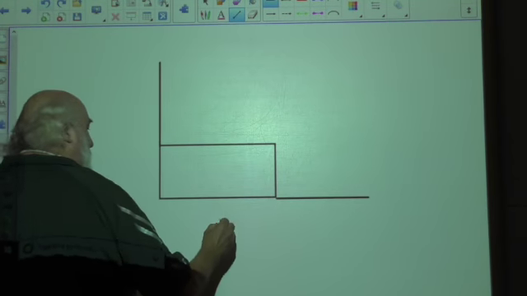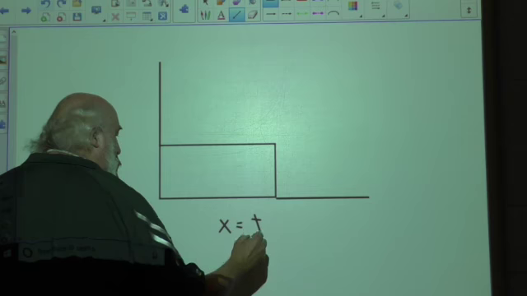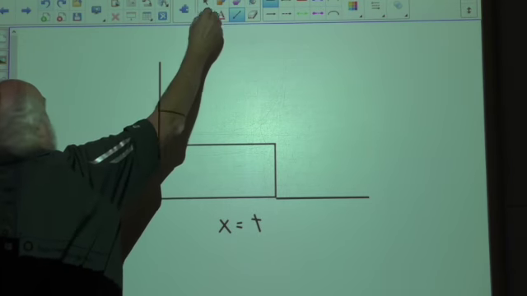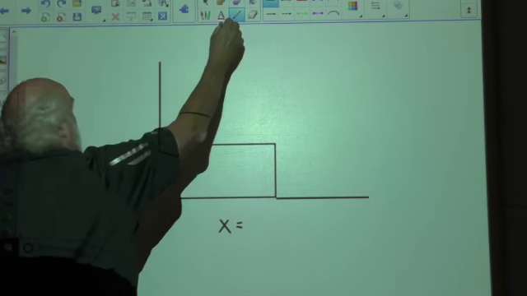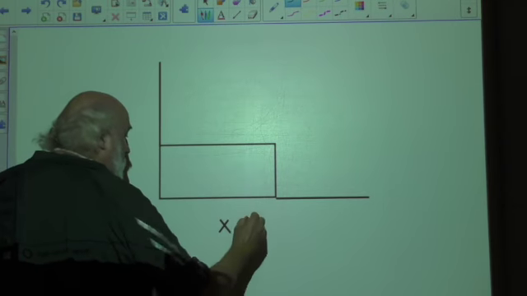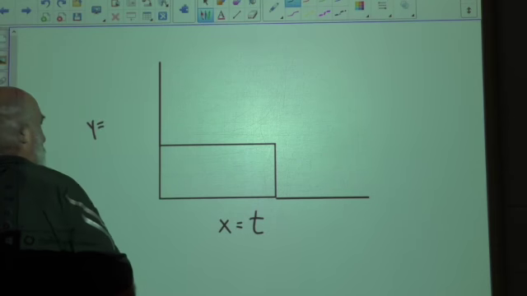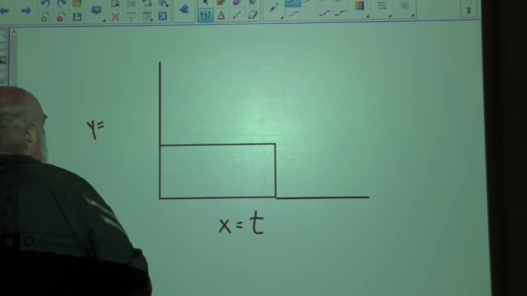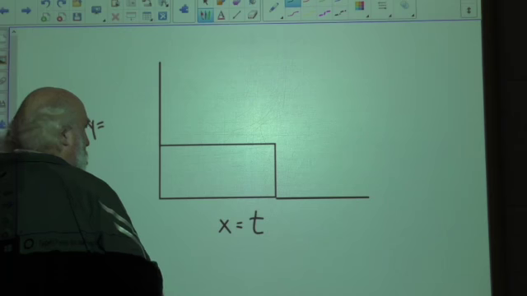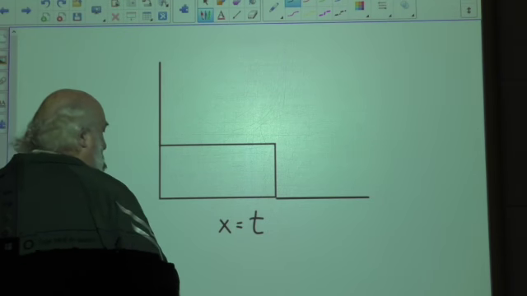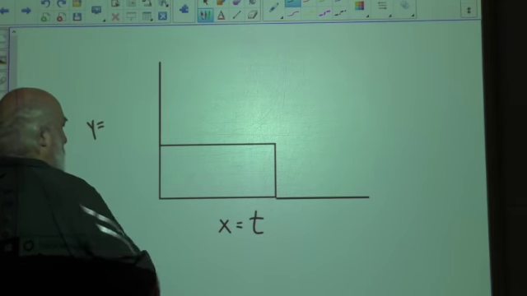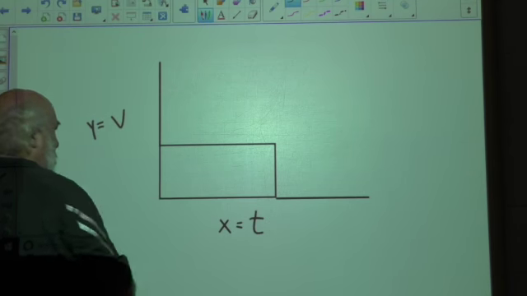So this is the x-axis, and that is time. This is time. And my y-axis here is velocity, v.